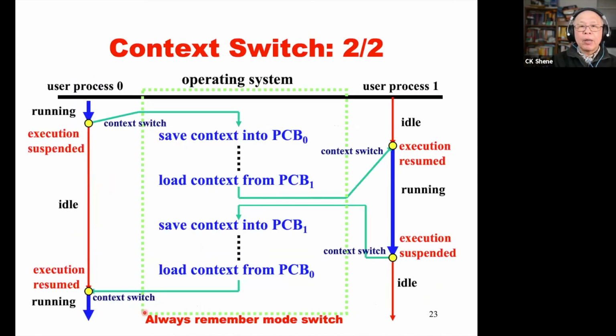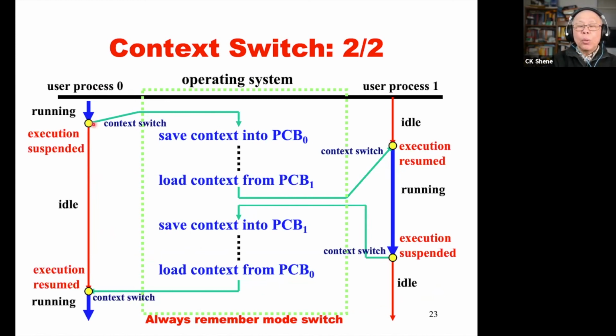Here's a diagram showing you a context switch. The yellow dashed line box is the operating system. We have two processes running, 0 and 1. The blue arrow indicates running. The red arrow indicates idle, waiting for something. Initially, process 0 is running, process 1 is idle.